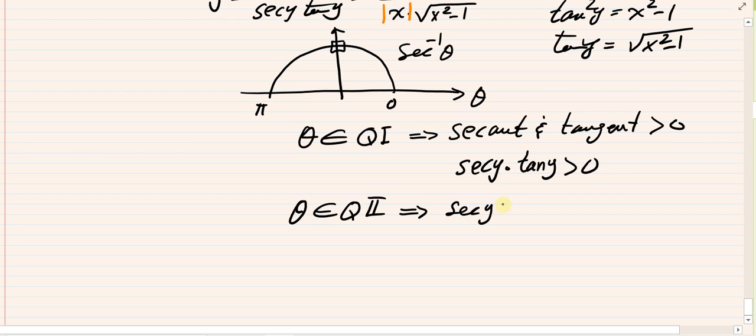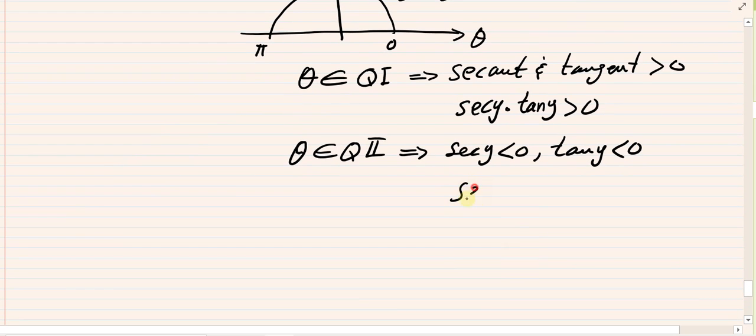Actually, secant is going to be negative in Q2, sorry, because secant is 1 over cosine, and in the second quadrant, cosine is negative. So secant is negative. And also in the second quadrant, tangent is negative.